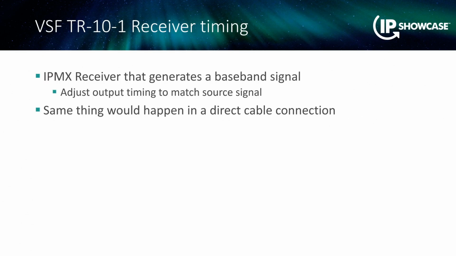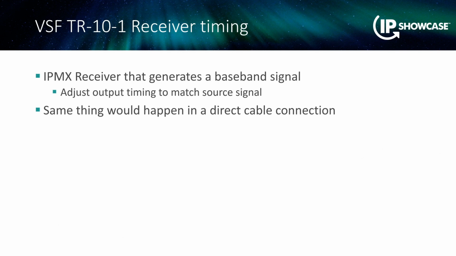For the receiver in IPMX, we're interested in having the lowest latency possible between the transmitter and the receiver. We want to be able to enable that. We also want to be able to emulate an HDMI cable. In HDMI, if the computer is outputting the signal at, say, 59.2 frames per second, the monitor will display it at 59.2.